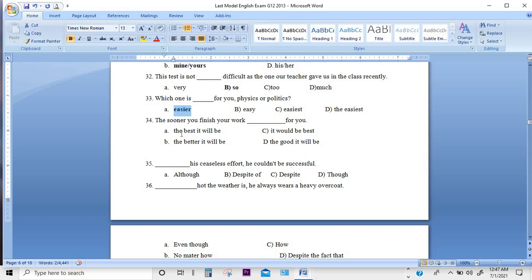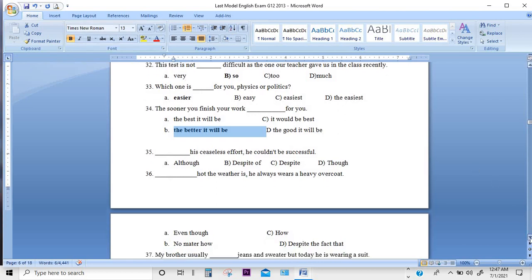It is comparative, so here we expect comparative, not superlative or simple degree. Another choice, A, "the best it will be", is superlative. Choice B, "the better", is possible. "It will be best" is again superlative. Good. It is simple degree, so our answer is this one: the better it will be. So the sooner you finish your work, the better it will be. Comparative. Good, question number 35.